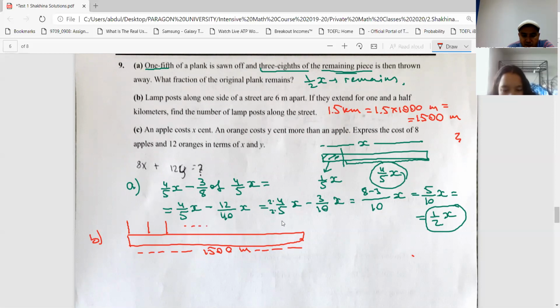It's like a number pattern. Here we have another one. What is the distance between two posts? It is 6 meters. That's also 6 meters. That's also 6 meters. Right?